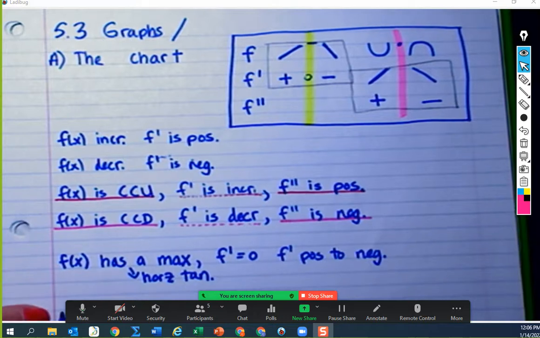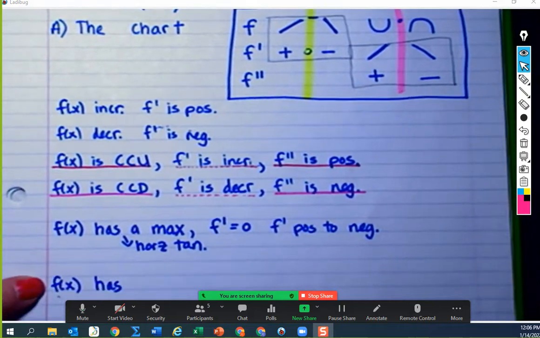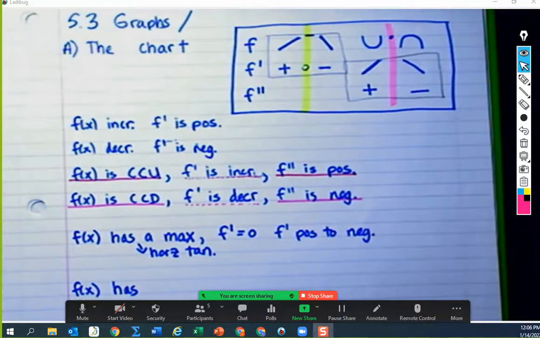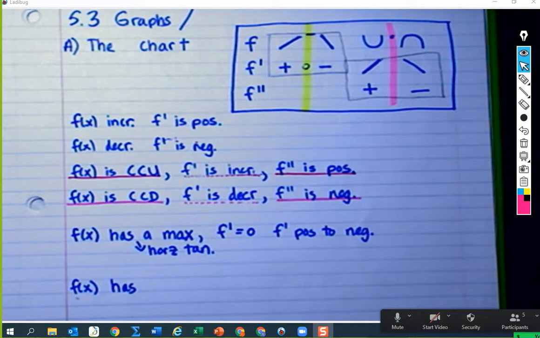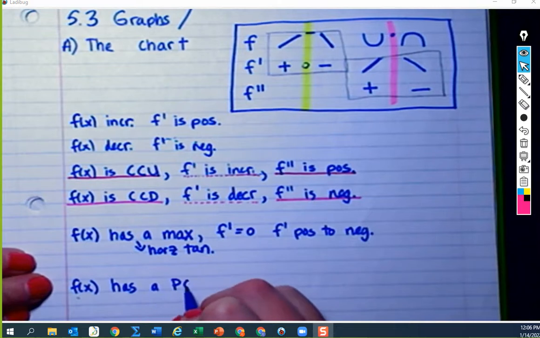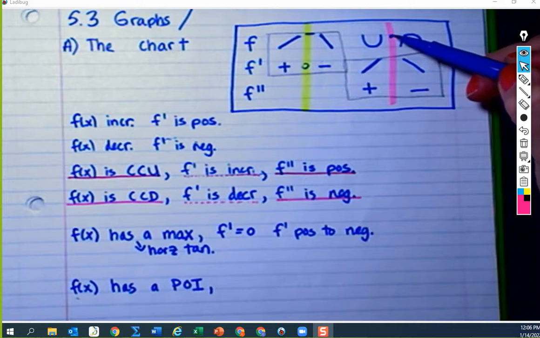Okay, so F of x has, let me zoom this out a wee bit. F of x has, I'm going to move this bar so we can see, a point of inflection. Okay, so we're going to look at each row as we go down. So I have a point of inflection. So what's happening?